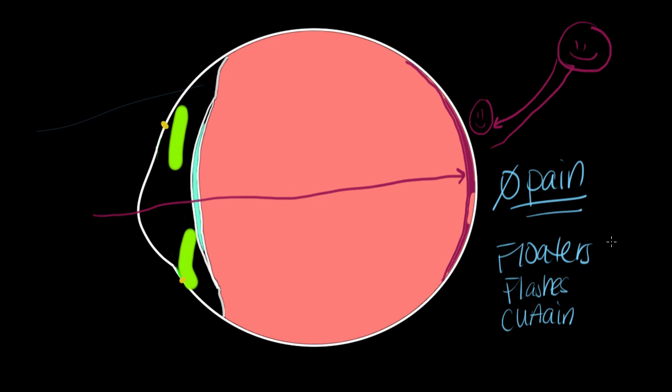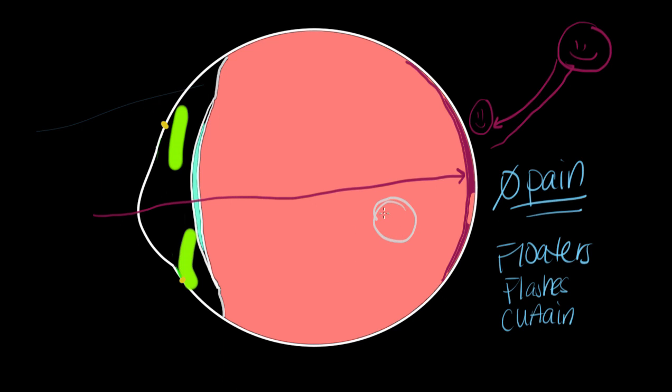Now, with retinal detachment, the goal is to reattach the retina back to the eye. That can be done with surgery, and it can also be done with a procedure that uses a gas bubble. They inject this gas bubble into the eye and position the patient prone, face down.